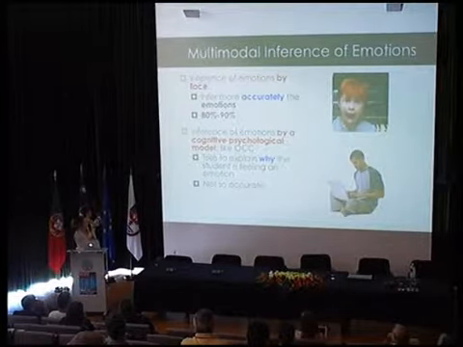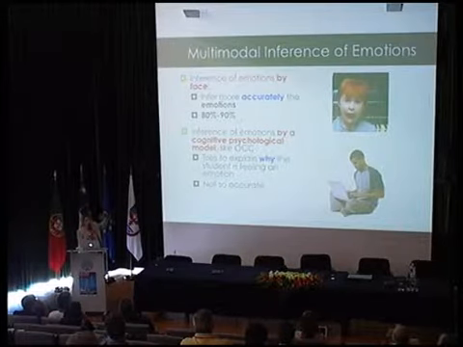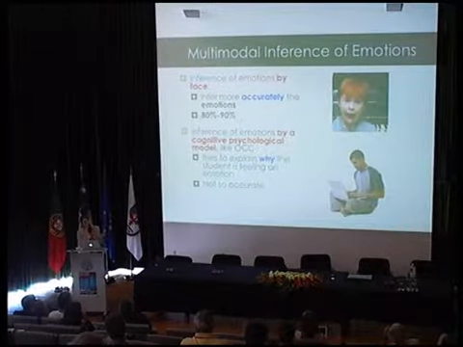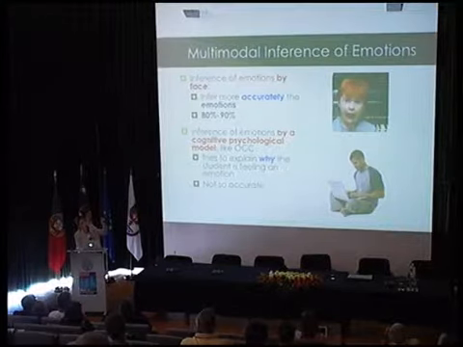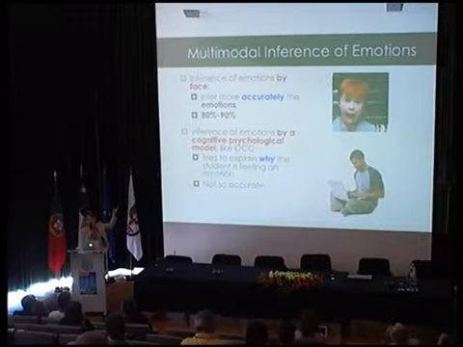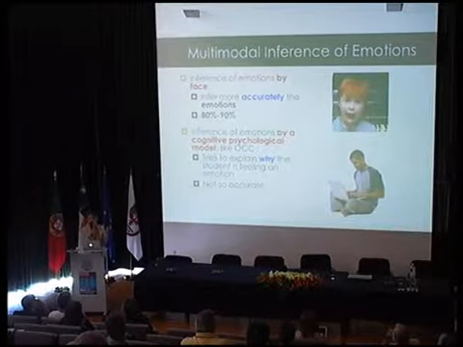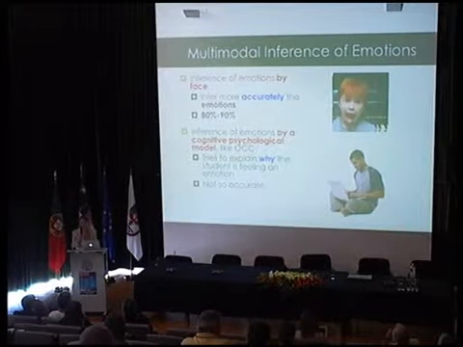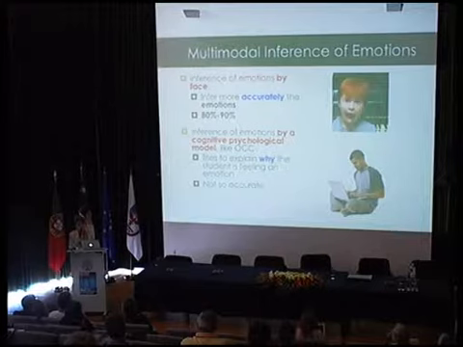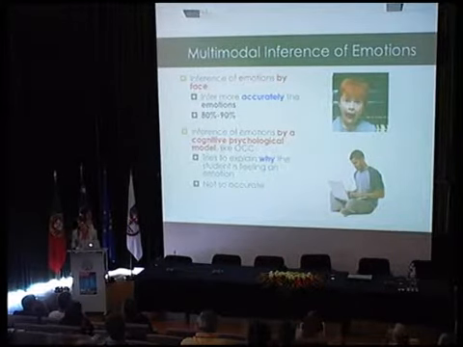So having these two types of inference of emotions is very interesting for intelligent tutoring systems because we need to know more accurately which emotion the student is feeling, but we also need to know why the student is feeling that emotion. It's because he had a good performance on a quiz or another thing.